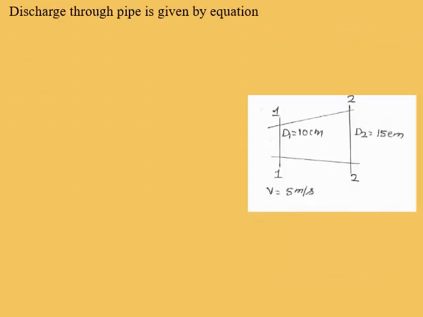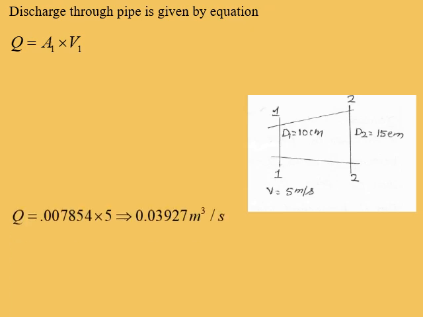The discharge through the pipe is given by the equation. We already studied these expressions in our theory sections. According to the continuity equation, the discharge is equal to area into velocity of fluid flow, that is Q equals A1 V1, where A1 is the area of the section and V1 represents the velocity in section 1.